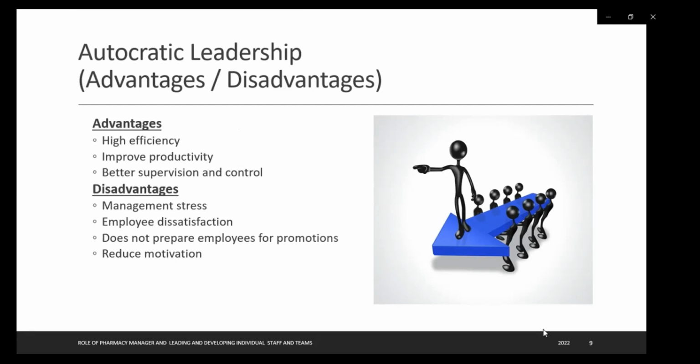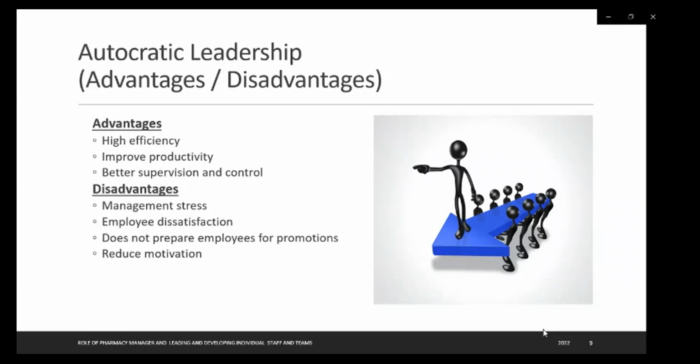Management stress: the autocratic leaders make all business decisions and do not delegate tasks, so this can lead to management stress. Then employee dissatisfaction: it does not prepare employees for promotions and reduces motivation among employees.